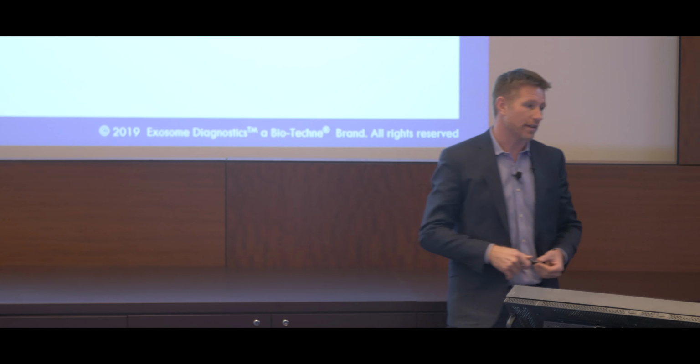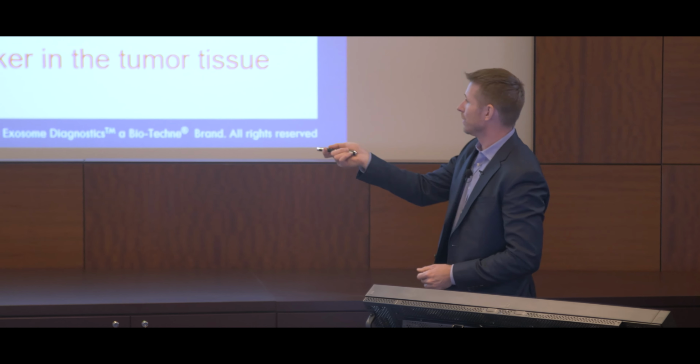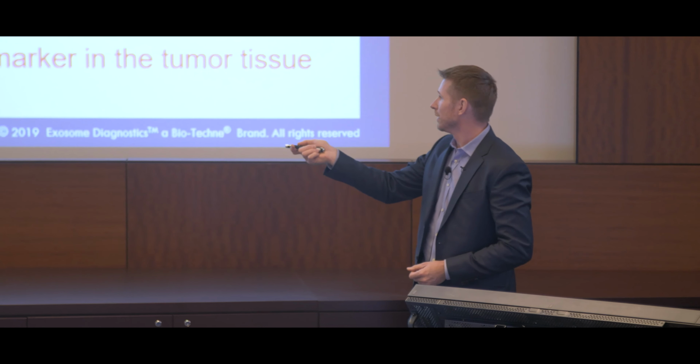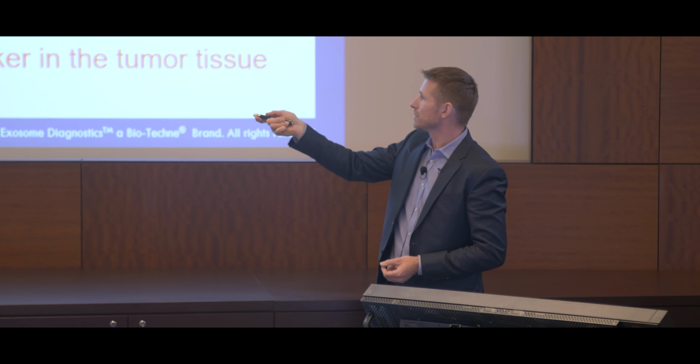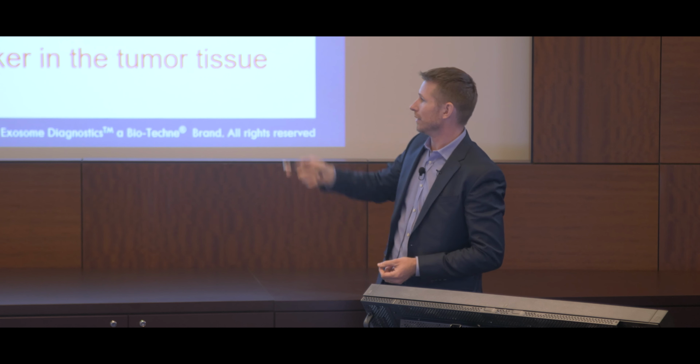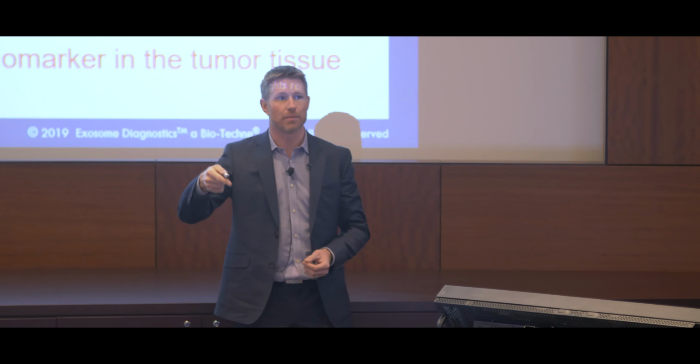In that context, PD-L1 is an important molecule, and PD-L1 as a checkpoint inhibitor is used today as a biomarker in tumor tissue. However, what I want to illustrate here is that in all these processes in the immunity cycle, exosomes are released in every step of the process.